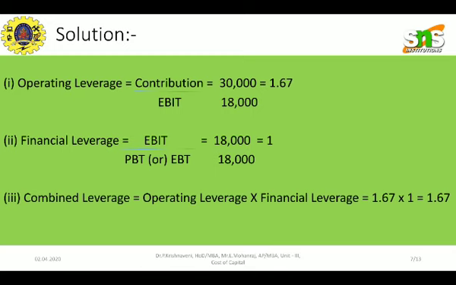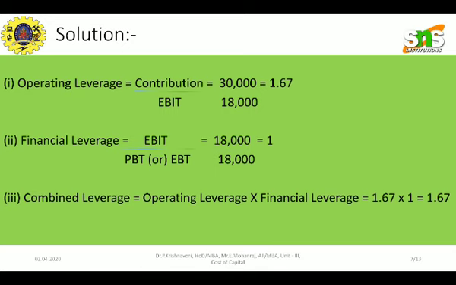And the next one is financial leverage. The financial leverage formula is EBIT, earning before interest and tax, divided by EBT, that is earning before tax. We already know EBIT is 18,000.